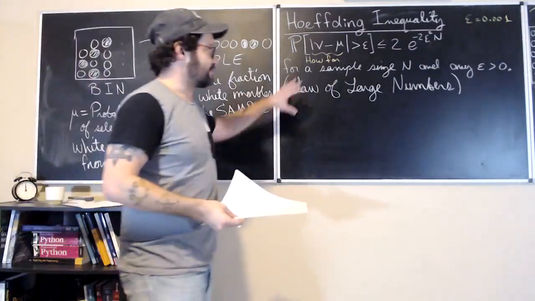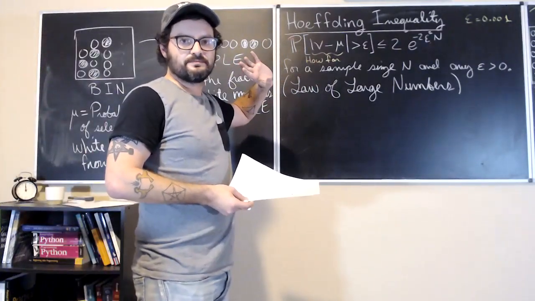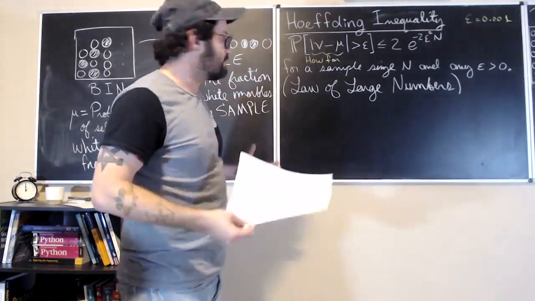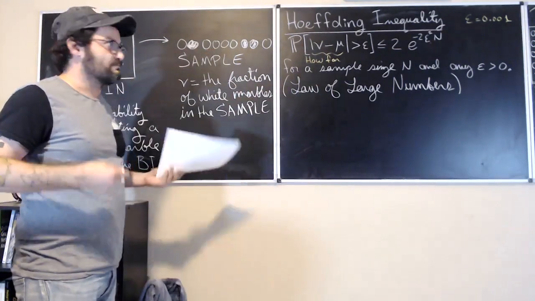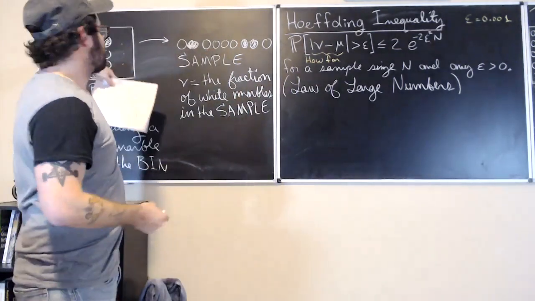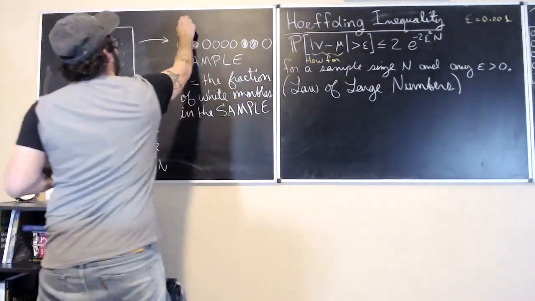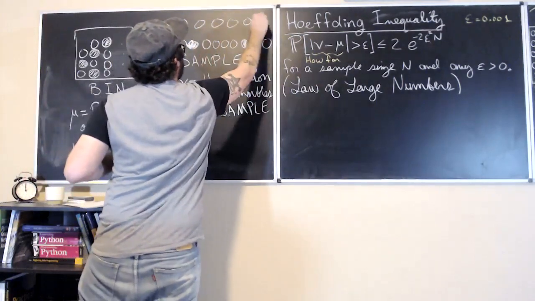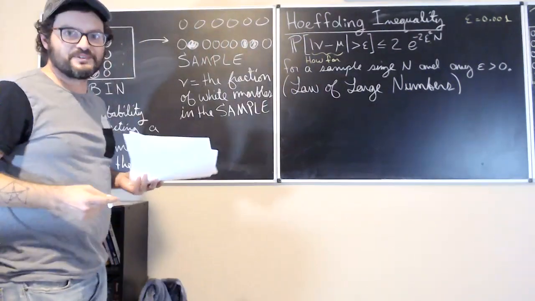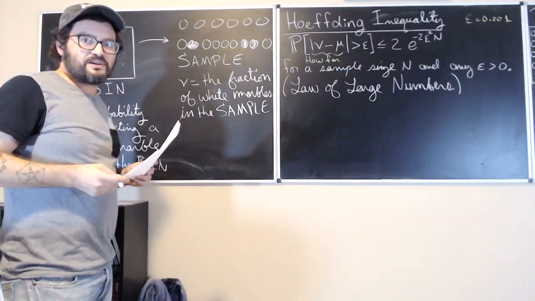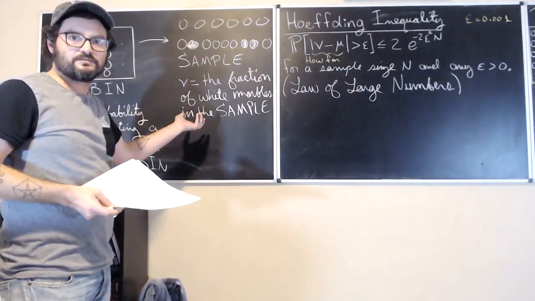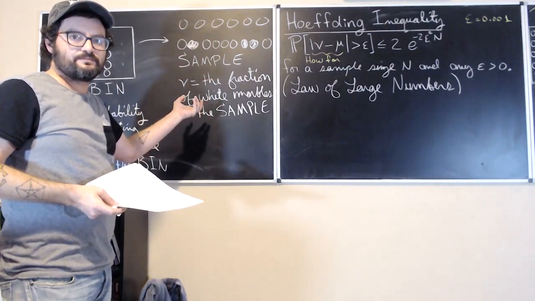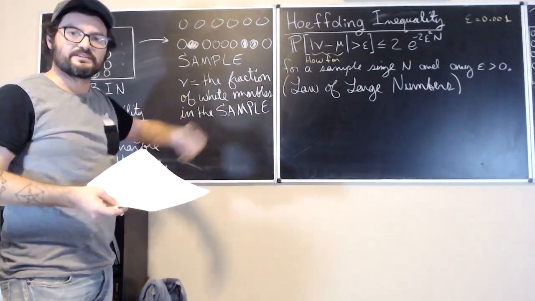Okay, this is saying something similar. So the idea is that yes, some samples will be bad samples. You could theoretically take all black, right? You could, but the likelihood of that happening is going to be small, especially if n is big.